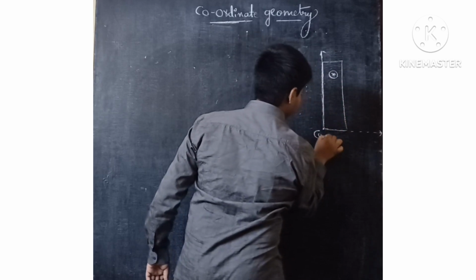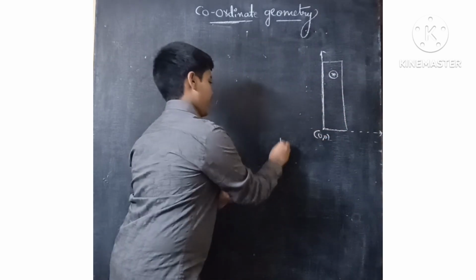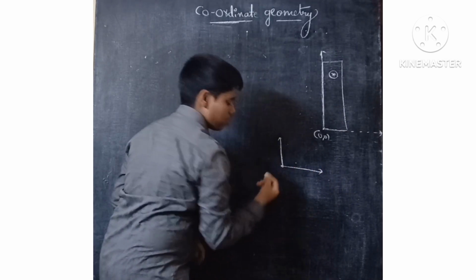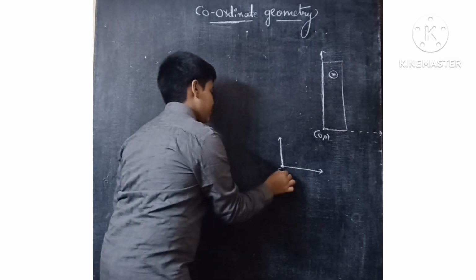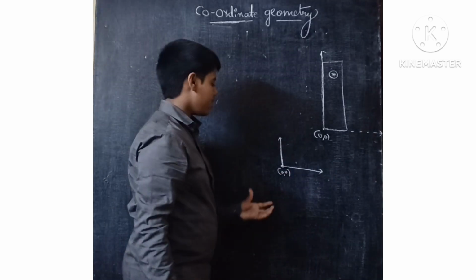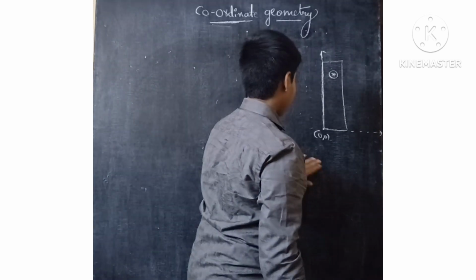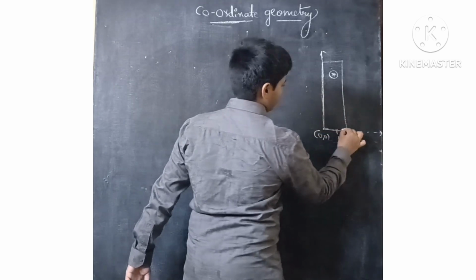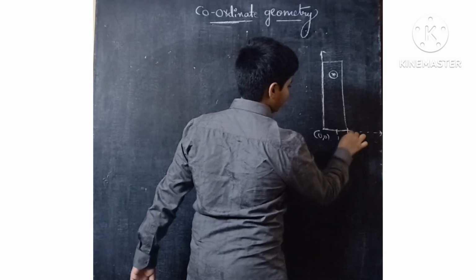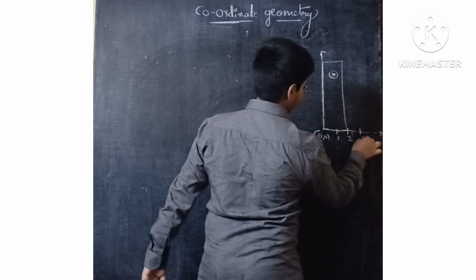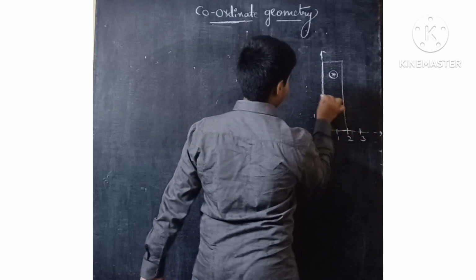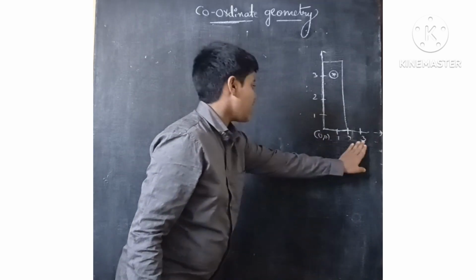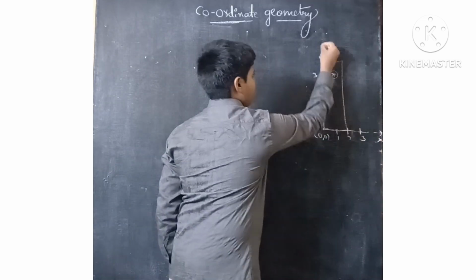This is the origin, 0, 0. For any coordinate axis, this joining point is the origin and the value is 0, 0, because origin means starting point. And here take 1, 2, 3, and here 1, 2, 3. This is the x values, and y values.